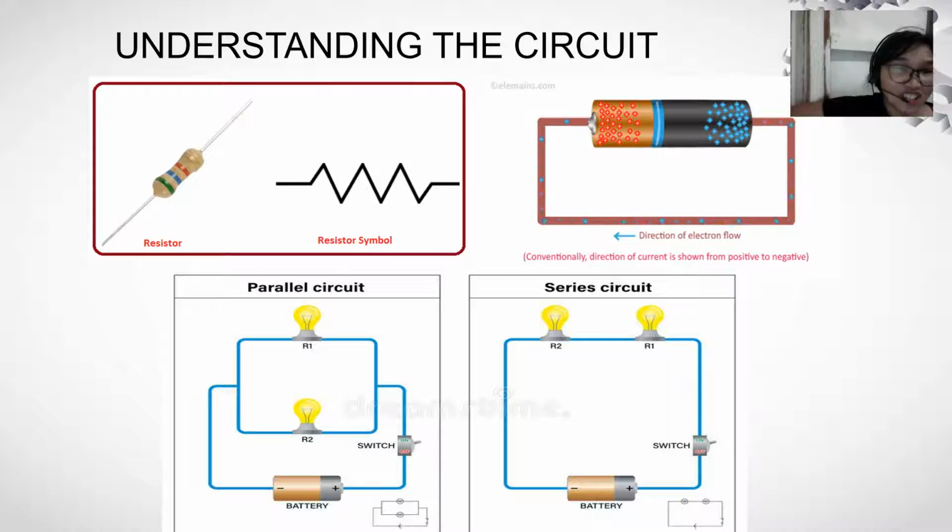The parallel circuit is like a house where you have different circuits, so that one bulb or resistor doesn't affect the others. If one resistor is affected, the other resistors are not going to turn off their bulbs when they function.